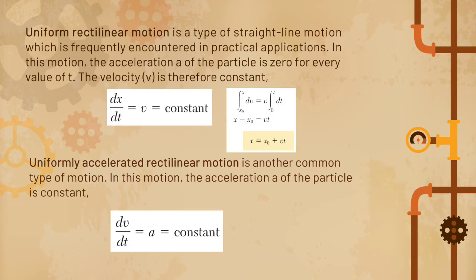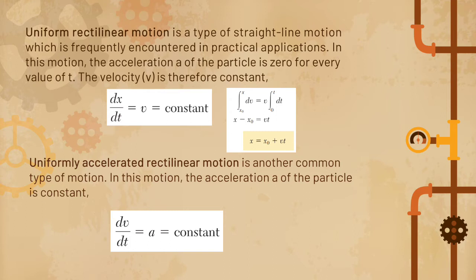The position coordinate x is obtained by integrating this equation, denoting by x sub 0 the initial value of x, and it results in x is equal to x sub 0 plus v times t. This equation can be used only if the velocity of the particle is known to be constant.